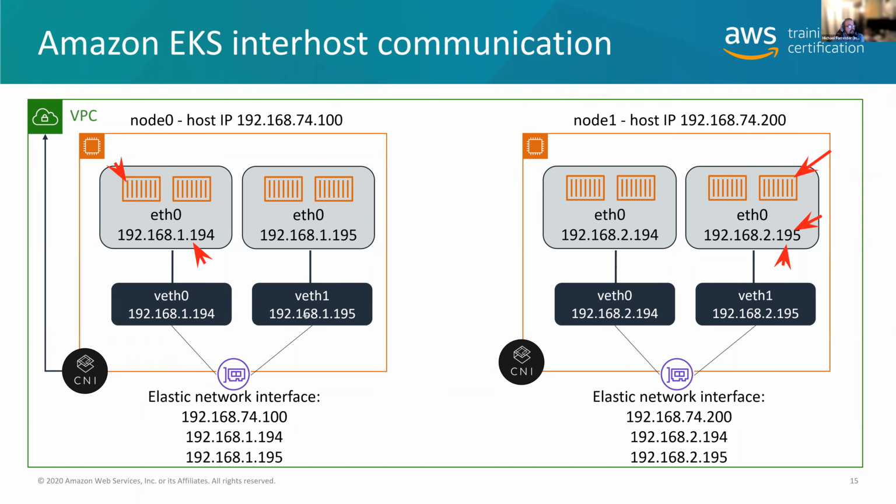What happens is that this container is going to go out through this interface and hit the virtual bridge. Notice that, by the way, these two have the same IP address. Then it's going to hit the network interface. And since it knows that it's looking for 2.195, it's going to go out to this advertised address, come in through the network card, which is then going to redirect it to 2.95, and then it's going to redirect it to the actual pod itself.